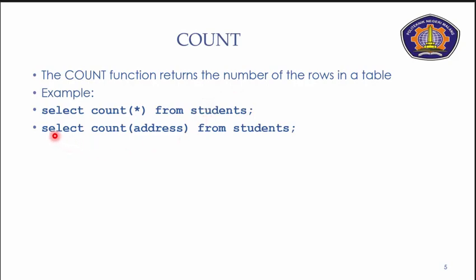In the second statement, it uses count address. This one is the attribute name, so you can put any attribute name inside this bracket. It will count the various kinds of address from the student table.